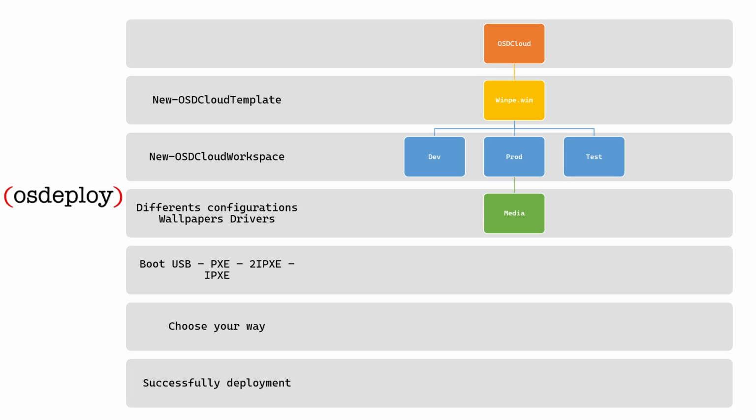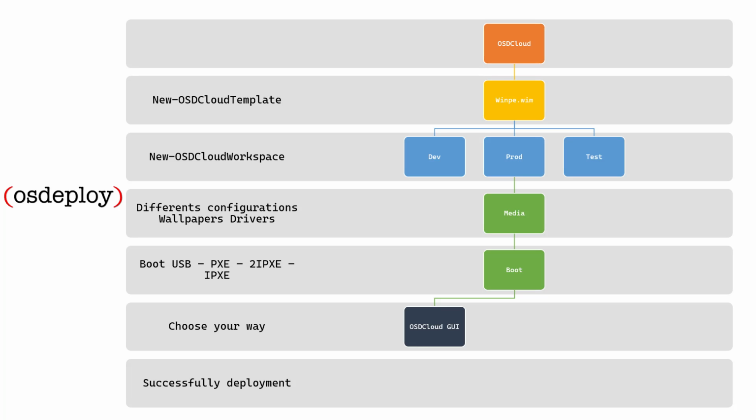This media can be USB. You can use the boot.wim, you can use an ISO image as well, and then you can choose your solution to boot: PXE or HTTP PXE in your environment.